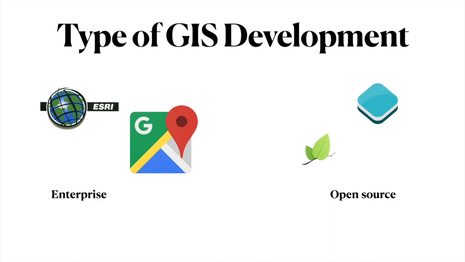On the other hand, we have open source technologies such as OpenLayers and Leaflet, where development for commercial as well as non-commercial purposes is completely free. You can use these technologies as you want. We will be dealing with open source technology development in this course.